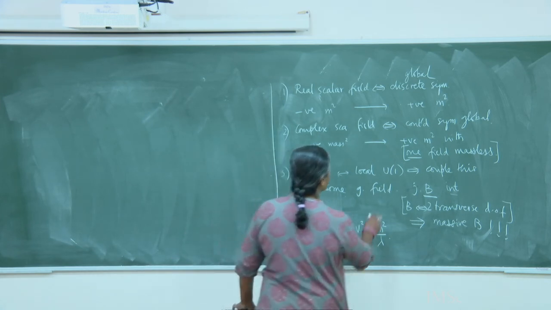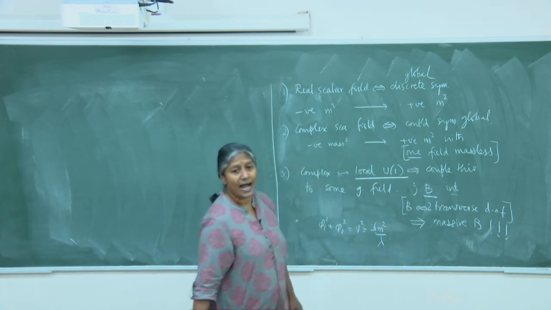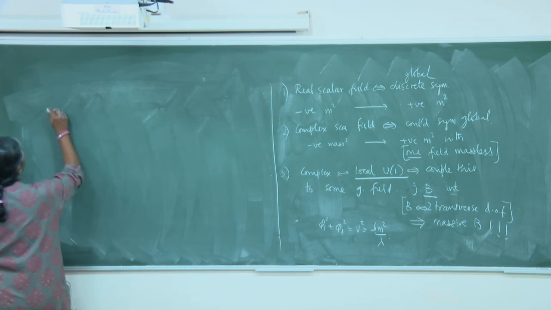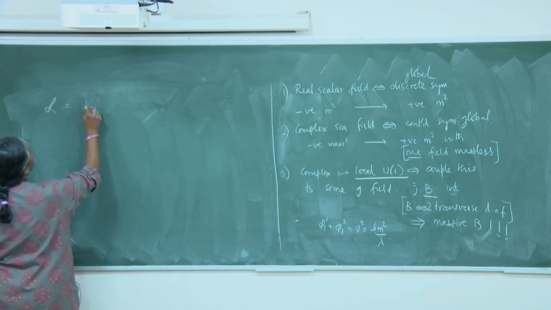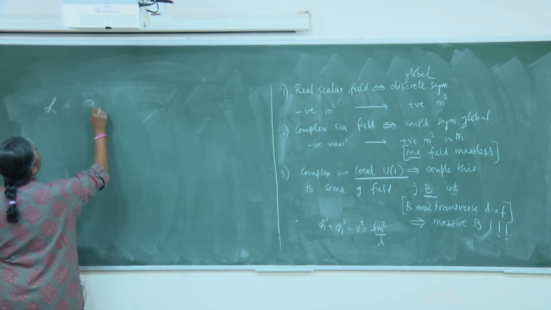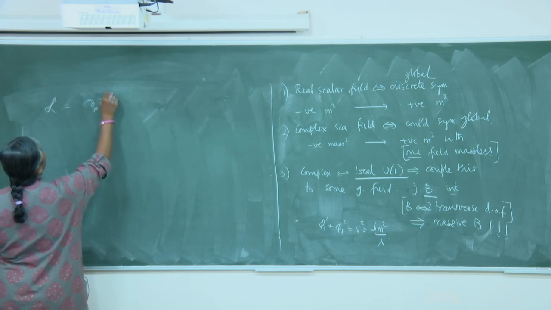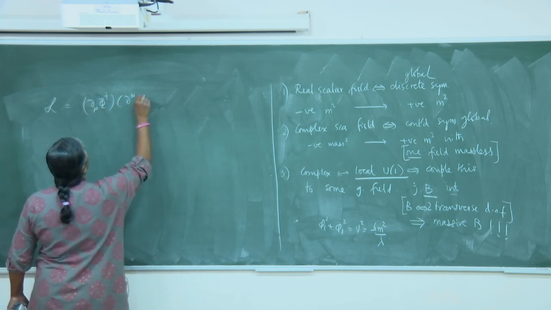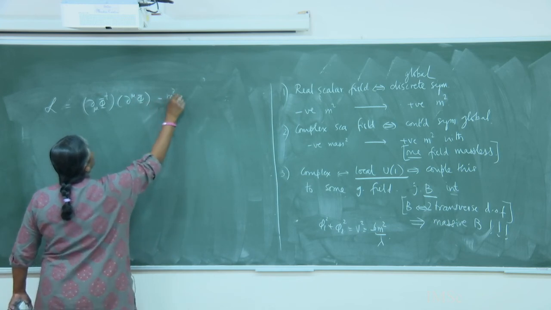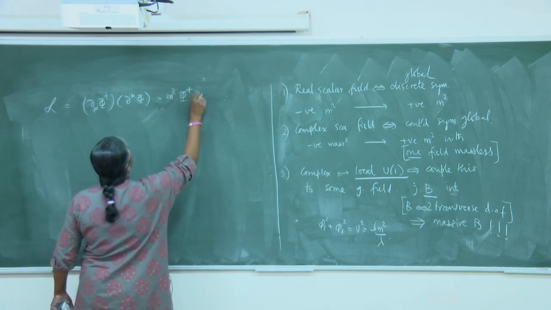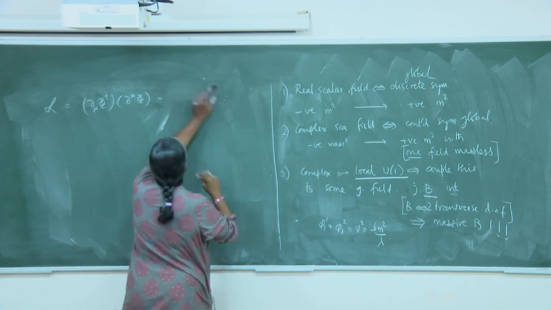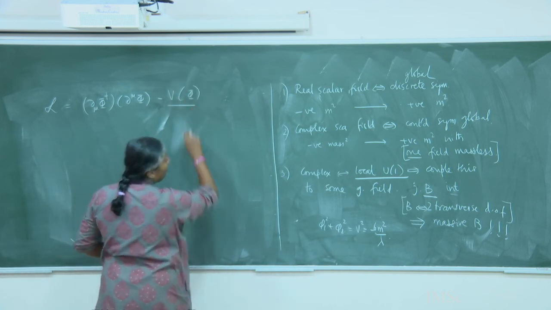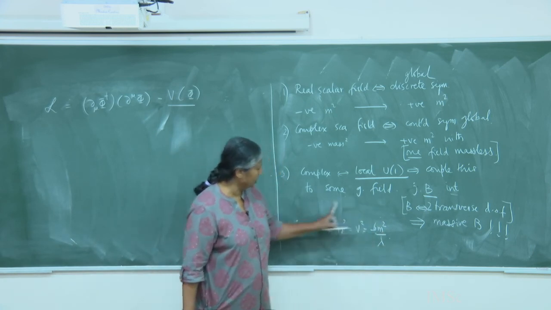Now what I am going to do is, since it is a local U(1) invariance, I have to replace my ordinary derivative by my covariant derivative. So now I will bring back the d mu phi dagger, d mu phi term. So this V of phi term, all the analysis will give you this portion.